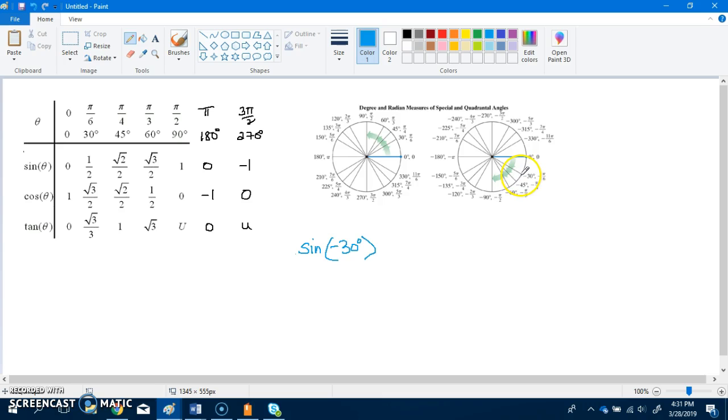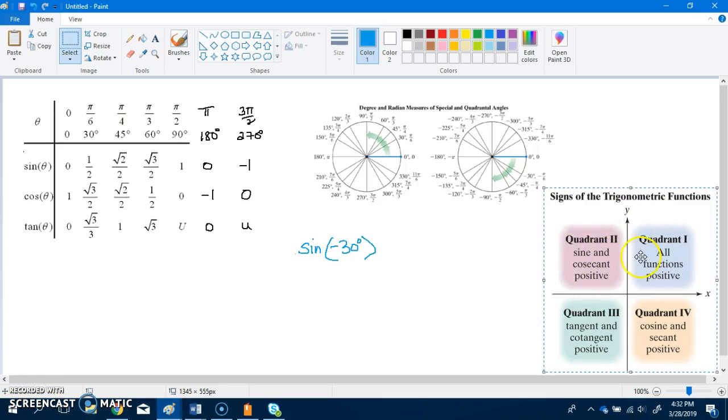It is in quadrant, and I have a graphic for that, just a sec. So I just pasted my quadrants. This is in quadrant 4, which is right here. So quadrant 4, it's equivalent to the sine of 30 degrees, and because it's quadrant 4, only cosine and secant are positive, so that means that the sine of 30 has to be negative.